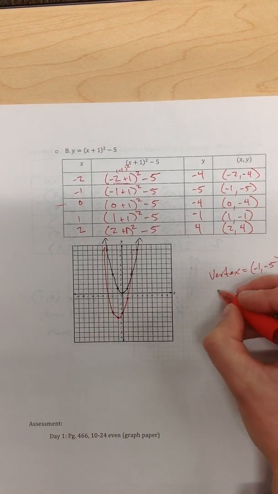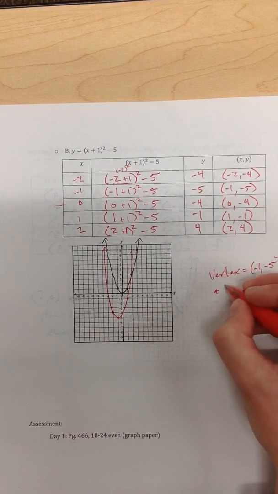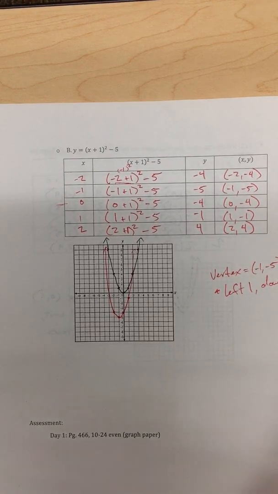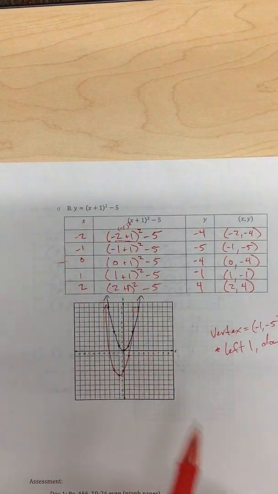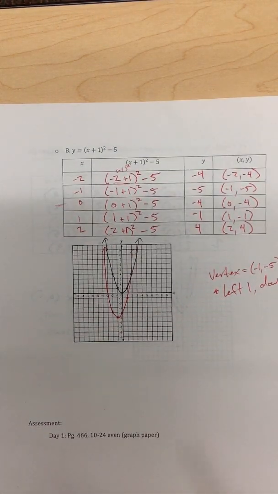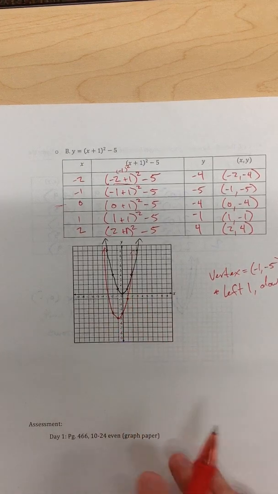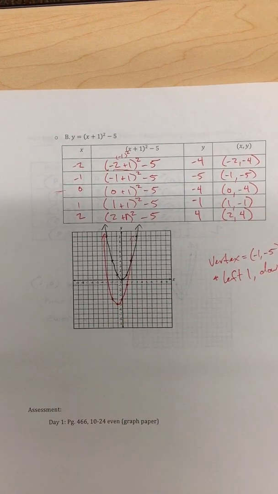So our movement here is left 1 and down 5. And that comes from these numbers up here. It's going to keep the same shape because we're going over 1 and up 1 on both of those, so you wouldn't have to say anything about narrowing or widening.